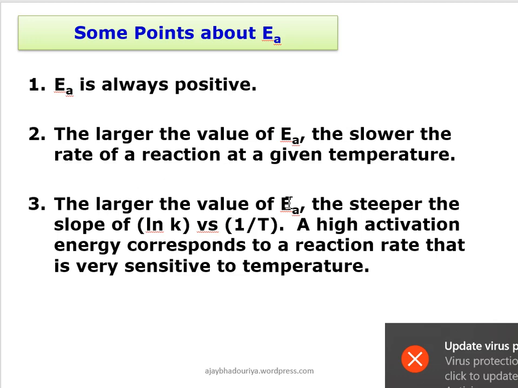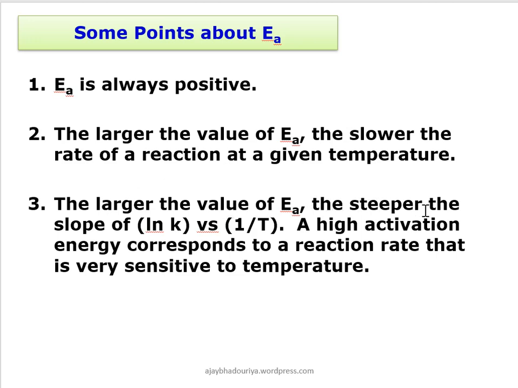The larger the activation energy, the steeper the slope of ln K versus 1/T. So a high activation energy corresponds to a reaction rate that is very sensitive to temperature. These are the main points for the activation energy.